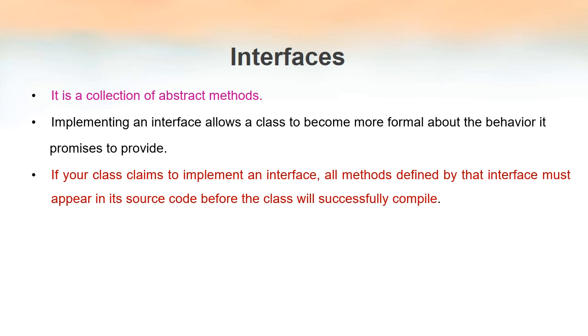So when one class makes use of an interface, it is the responsibility of that class to provide the implementation part of the abstract methods inside the interface. If I am writing a class and my class makes use of an interface, then I must make sure that all the methods which are abstract in the interface will have their body in my class. Otherwise it will lead to a compile time error.